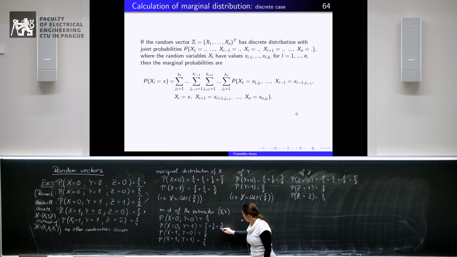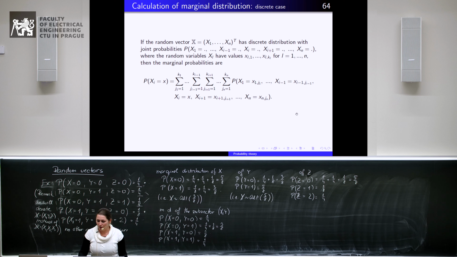The sum of all these probabilities must be again equal to 1. It is, so it's done. Yeah? So this is the way how to find the marginal distribution of the separate random variables in the random vector, or of some subvector of the random vector, depending on what we care of.